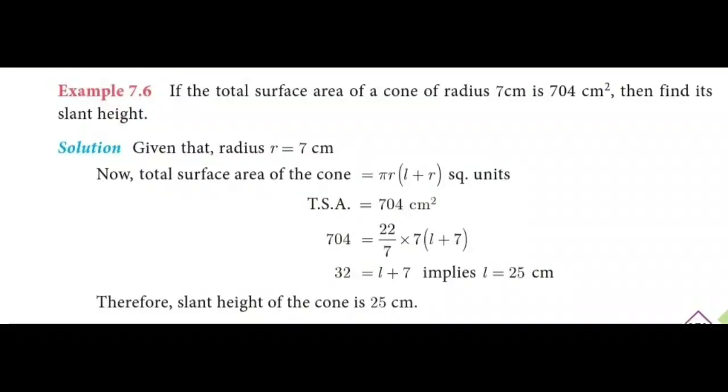Then 704 is equal to pi r into (L plus r), since TSA is equal to 704. Then 704 is equal to 22 divided by 7 into 7 into (L plus 7), since pi is equal to 22 divided by 7, then radius r is equal to 7.